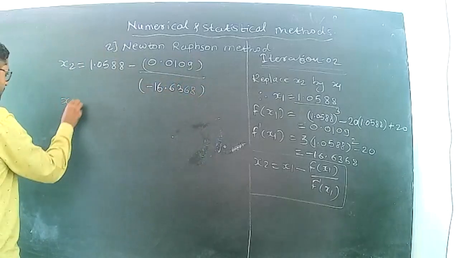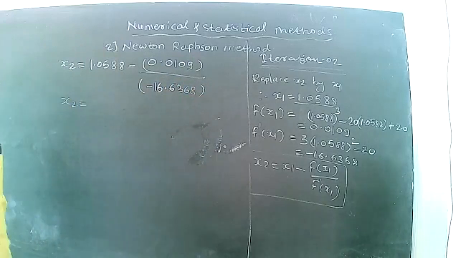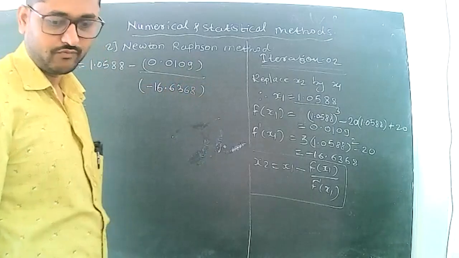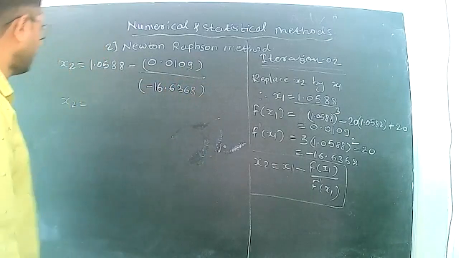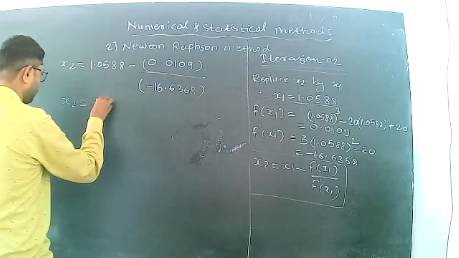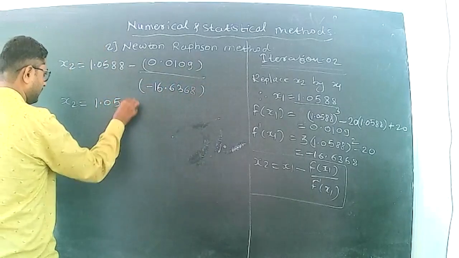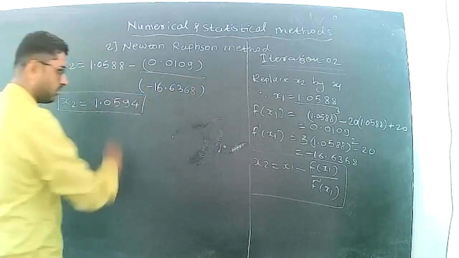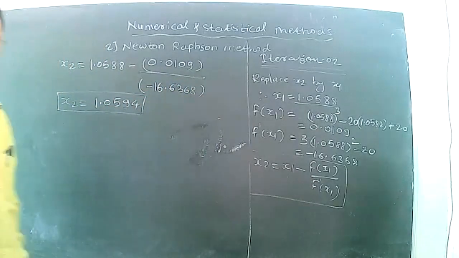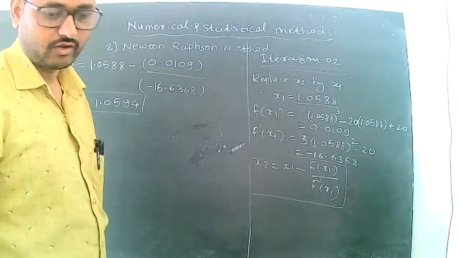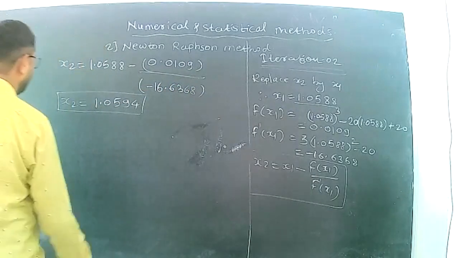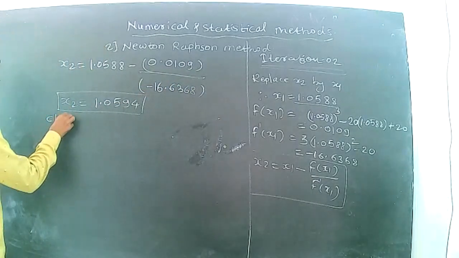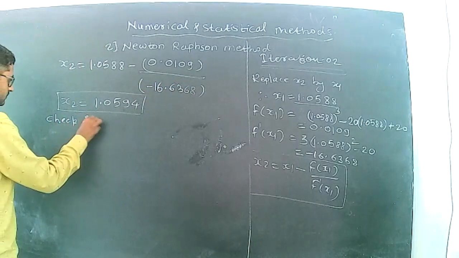By calculation, the value of x2 is 1.0594. And the next step is to check for accuracy.